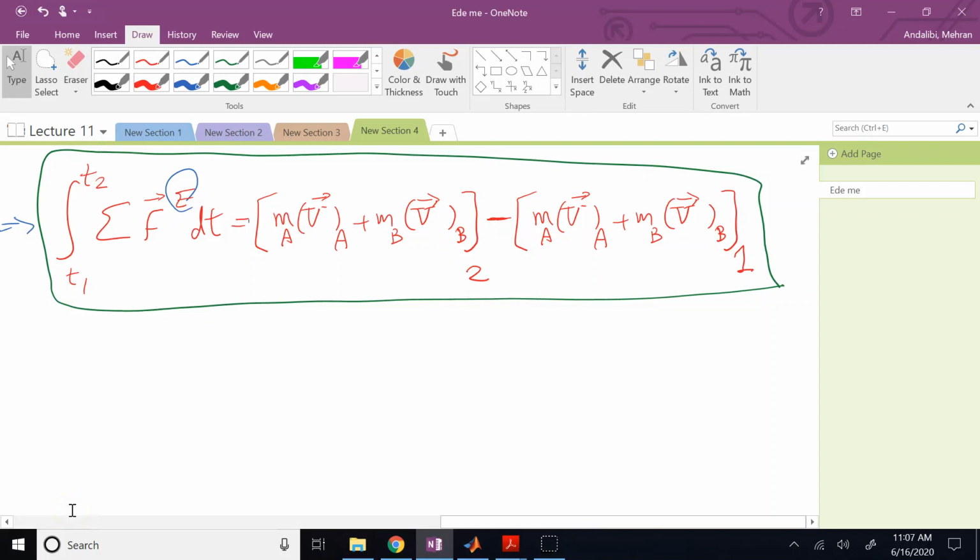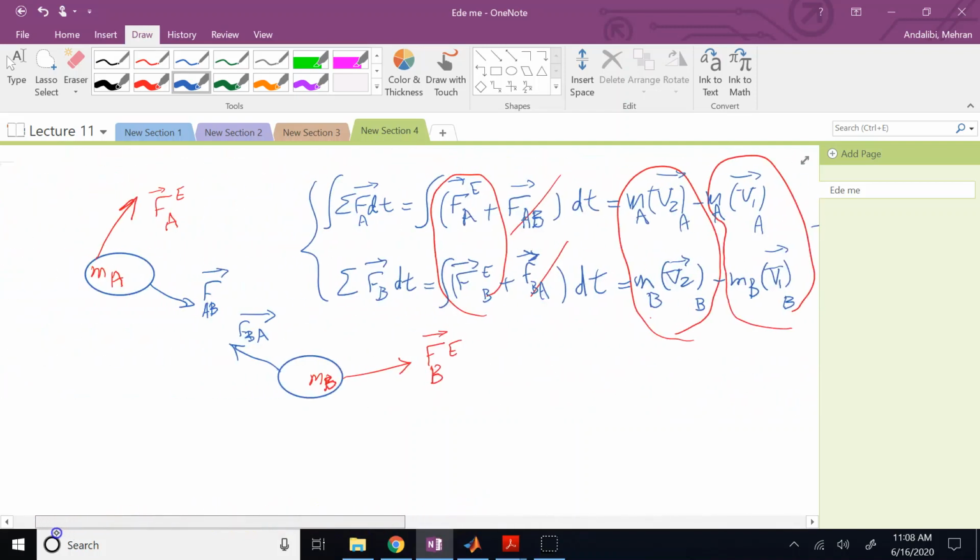Just like Newton's second law for a system of particles, remember, only external forces could give acceleration to the center of mass, and this was the mass of the whole system, right? So internal forces play no role in creating acceleration for the center of mass. Similarly, internal forces play no role in changing the total linear momentum. Only the external forces do, okay?